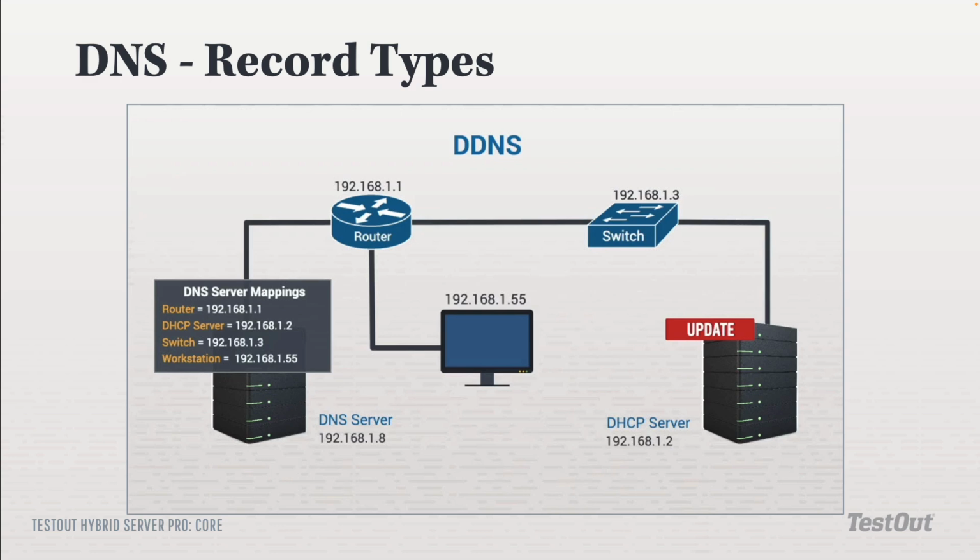Also, I want to point out dynamic DNS. You may or may not know, and every ISP is different, but most of the time they change your publicly facing IP address. Unless you pay for a static IP, it's constantly changing. So if you want to host, say, a web server in your house and you want to access it, if your internet service provider changes your IP address, that'll break your connections.